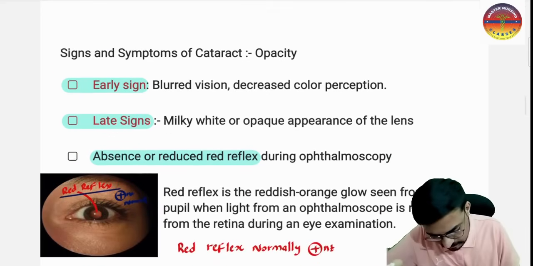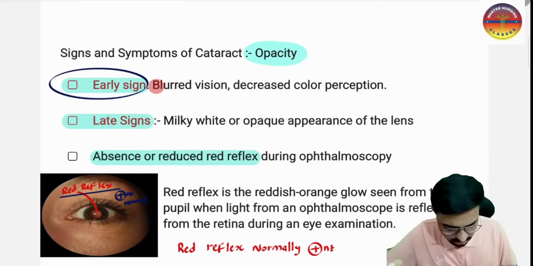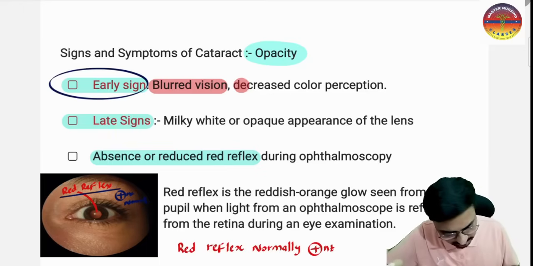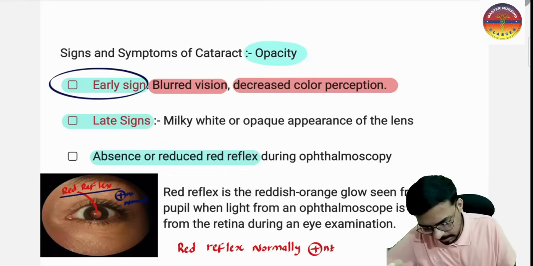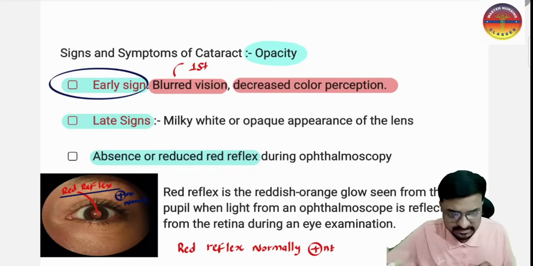Now you can see the signs and symptoms of the cataract, that is the opacity of the lens. The earliest sign, the classical clinical answer, is blurred vision. That is the first priority, and decreased color perception is the second priority. Blurred vision is always the first priority in your answer when choosing the earliest sign of the cataract.